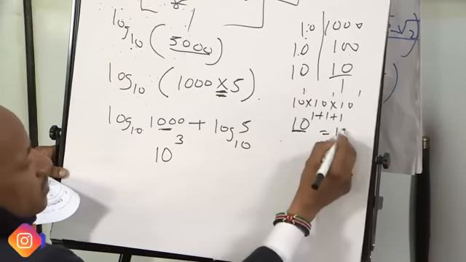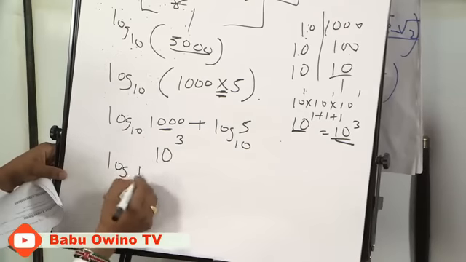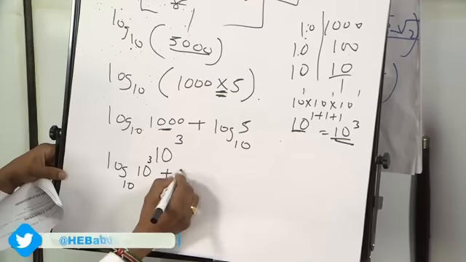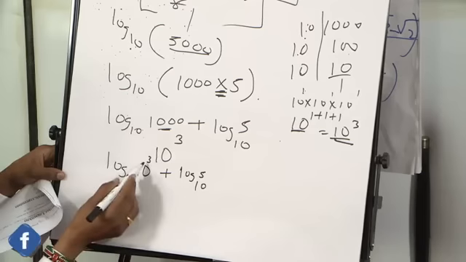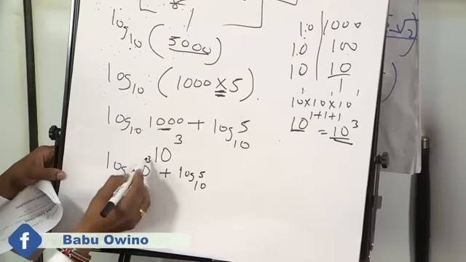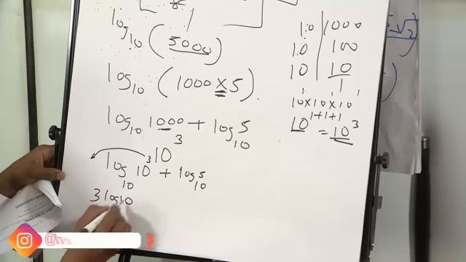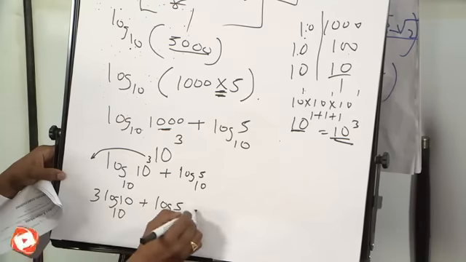So this is 10 to power 3. So this is log of 10 to power 3 to base 10 plus log of 5 to base 10. So log 10 to power 3, you can drop this 3 down. It becomes 3 log 10 to base 10 plus log 5 to base 10.